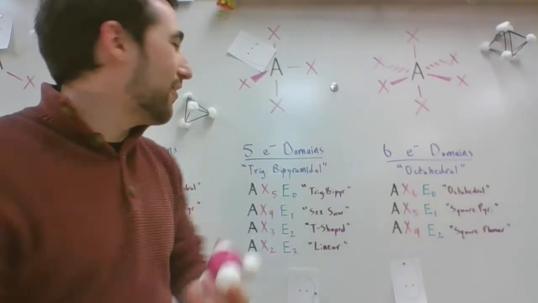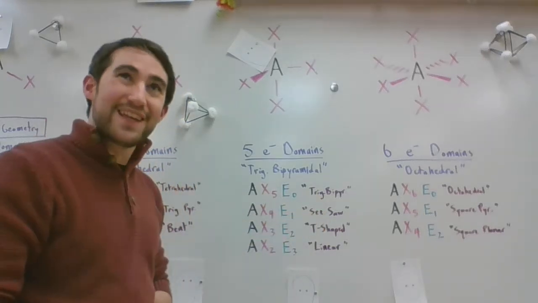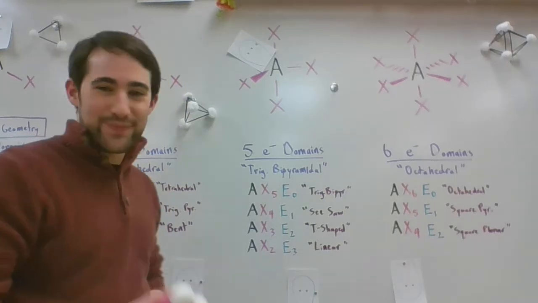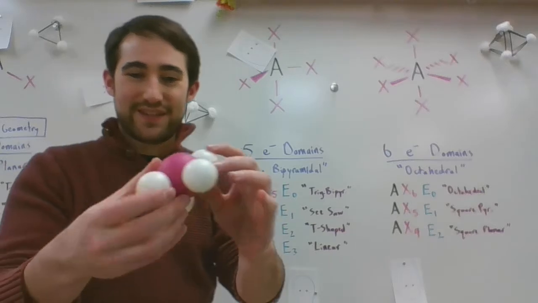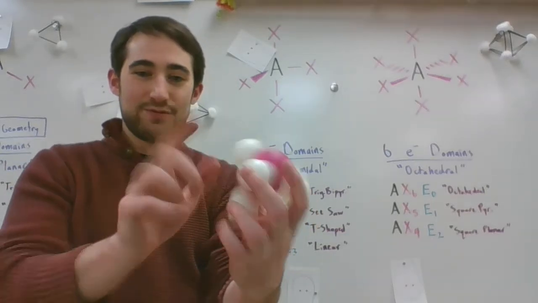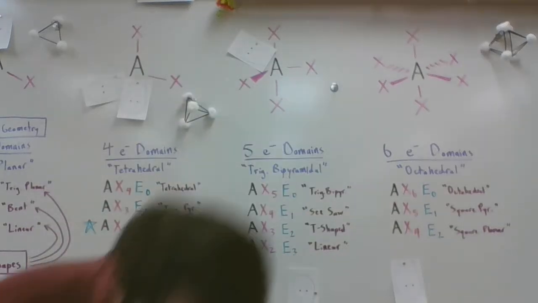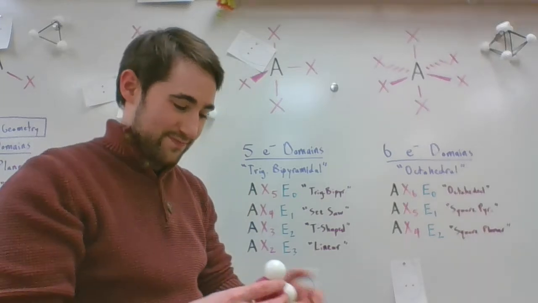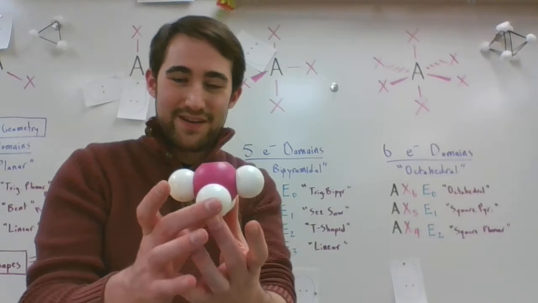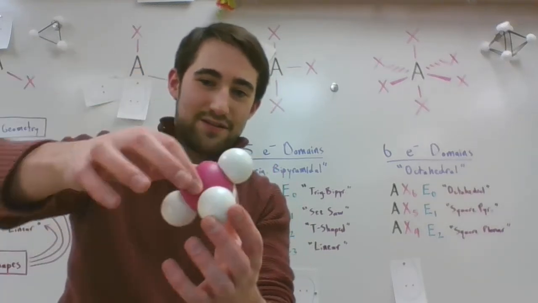We call this the seesaw shape. If you think of this as the feet of the seesaw, and these are where you'd sit, it's like it's rocking on these 2 atoms like feet, and goes back and forth like that.